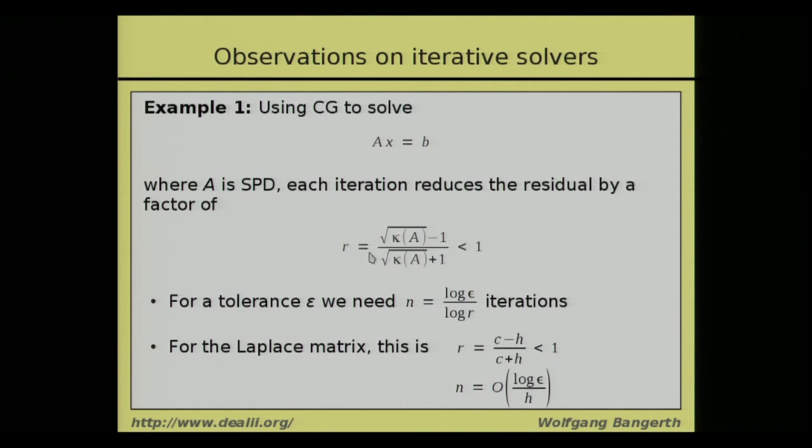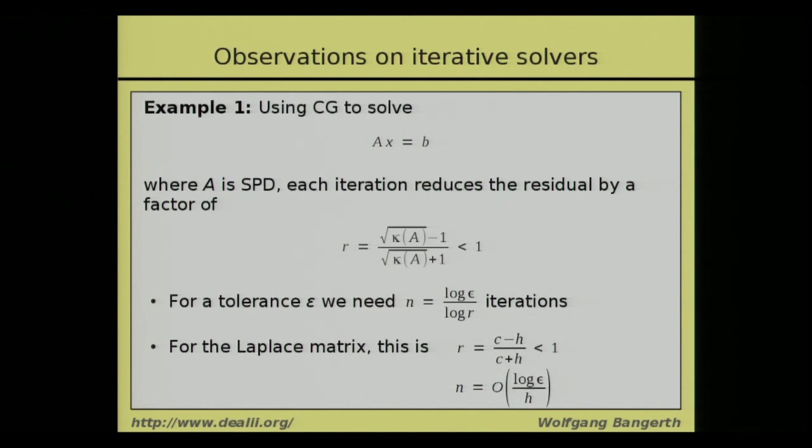This factor r is the square root of the condition number of this matrix minus 1, divided by the square root of the condition number plus 1. In order to reach a tolerance epsilon, I can ask the question, how many iterations do I need? Well, I need r to the n, where n is such that r to the n equals epsilon.